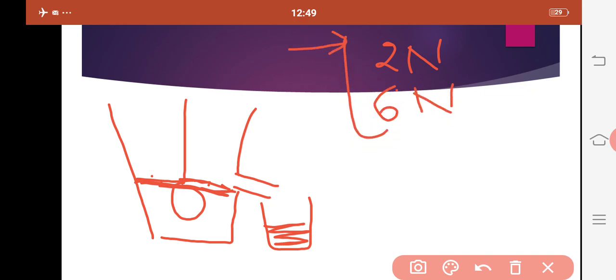Means initially when the bucket was vacant, it was 2 Newton. Now when it is filled with water, it is 6 Newton.